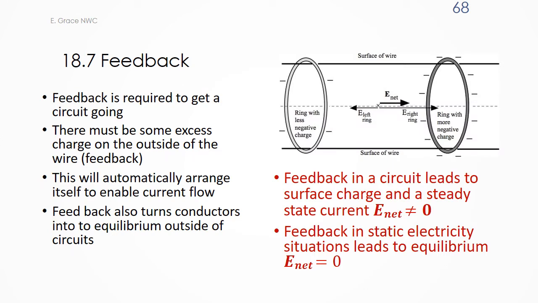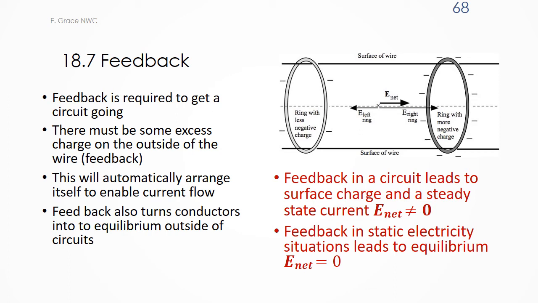All right, so 18.7. Feedback, which is that surface charge on the wire, is required to get the circuit going. Remember, it has to do with distribution of charge, not a charged wire. So there must be some excess charge on the outside of the wire, and it's basically that the charges have automatically arranged themselves to enable current to flow.